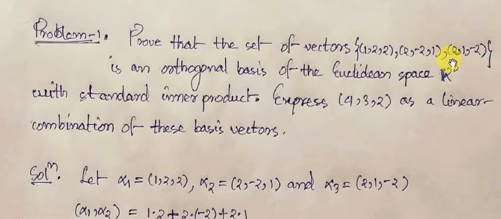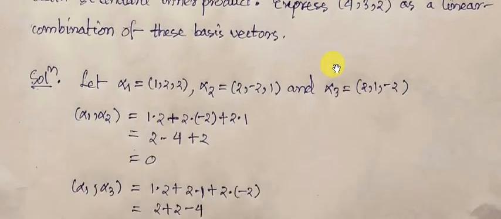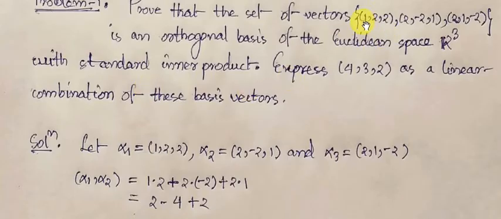So first and foremost, let us try to show that this collection of vectors is an orthogonal collection. We have renamed the vector (1, 2, 2) as alpha 1 vector, the second vector (2, -2, 1) as alpha 2 vector, and the third vector (2, 1, -2) as alpha 3 vector.